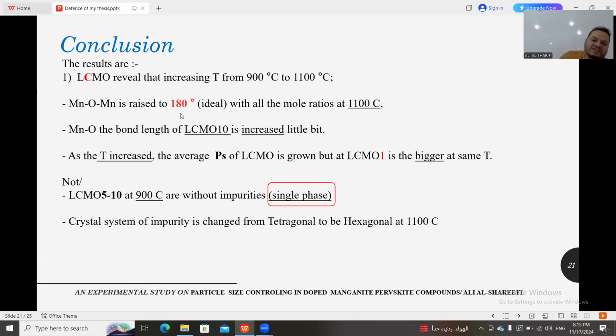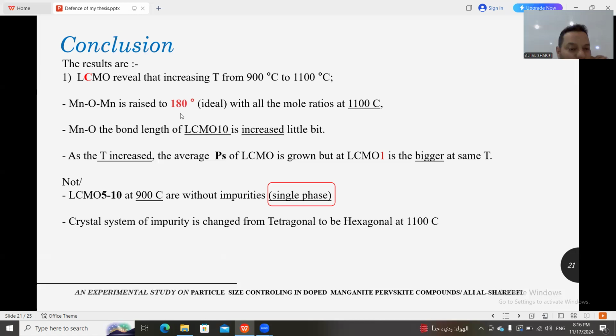As the temperature increased, the particle size grew, but at 1 molar ratio it is bigger at the same temperature, like calcium when I talked about it. Note, it's very important, at the 10 molar ratio, and here the 5 molar ratio too.